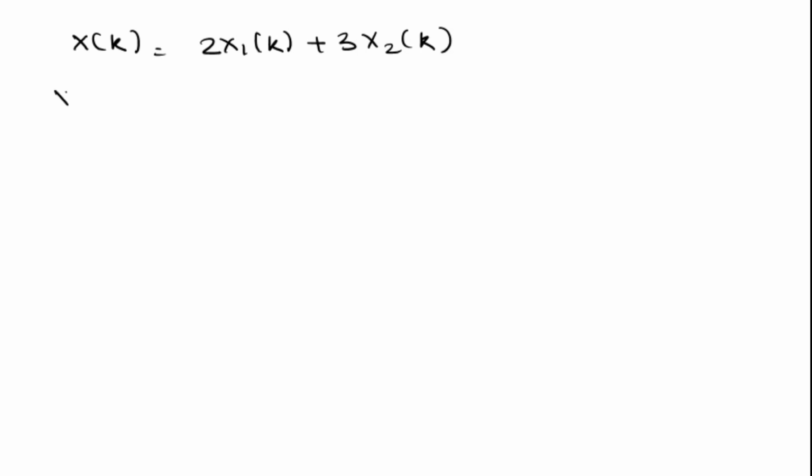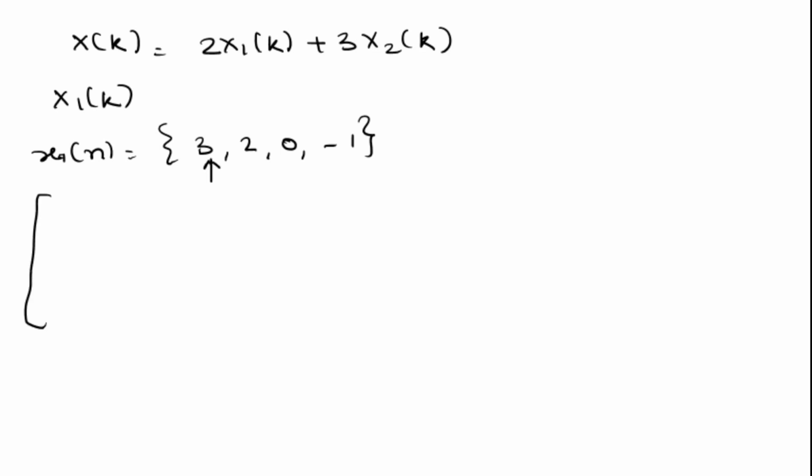Let us find x1 of k using matrix method. It is given x1 of n is equal to 3, 2, 0, minus 1. We have to find using matrix method x1 of 0, x1 of 1, x1 of 2, x1 of 3. Let us write the coefficient matrix for 4 point.